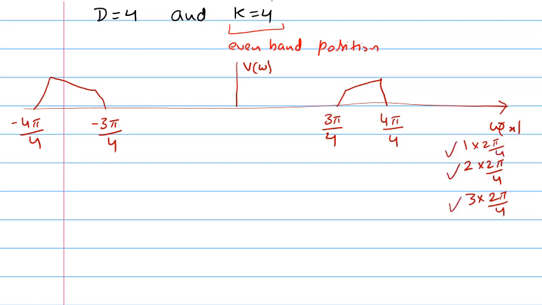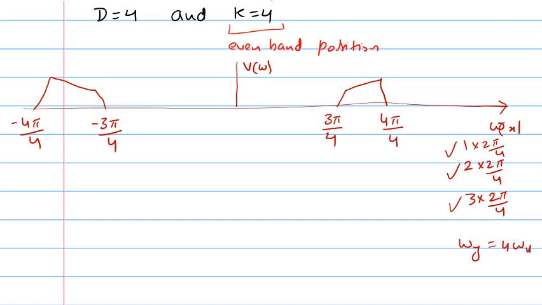Then all these replicas you will be adding, and obviously you need to do scaling of the amplitude as well, and after that you need to do scaling of the x-axis or omega axis basically. I mean, make omega y equal to 4 times omega x.